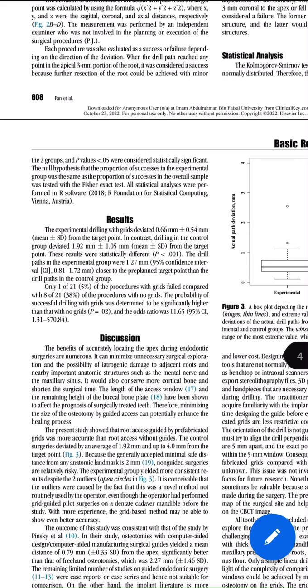In contrast, drilling with the control group deviated around 1.92 millimeters with a standard deviation of 1 millimeter, which was statistically significant. Only 1 of 21 samples, accounting for 5% of the procedures with grid, failed, compared to 8 of 21 samples of the procedures with no grid. 38% of procedures with no grid failed.